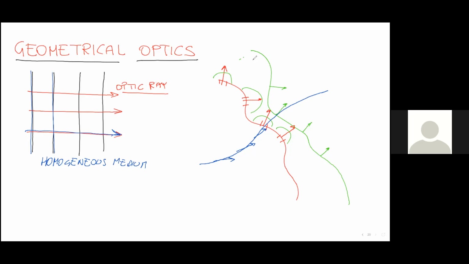Okay? So in a homogeneous medium, the optical rays behave like arrows, they go straight. Of course, in a non-homogeneous medium, the optical rays can behave like speed in a fluid, for example. If you have a fluid, the speed of the particles will follow certain traces. Okay?